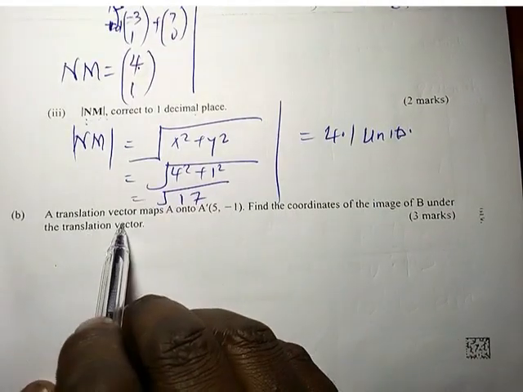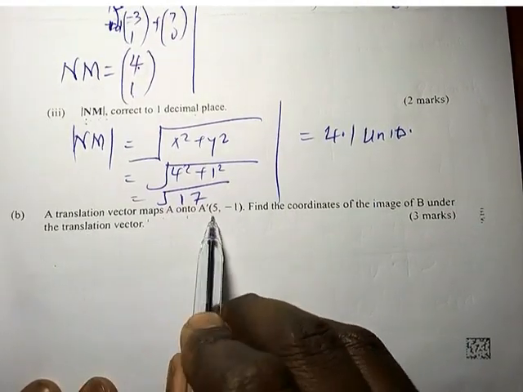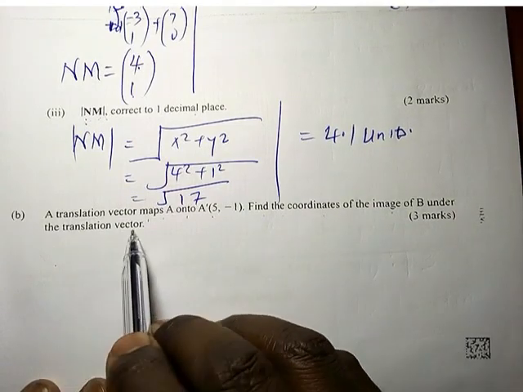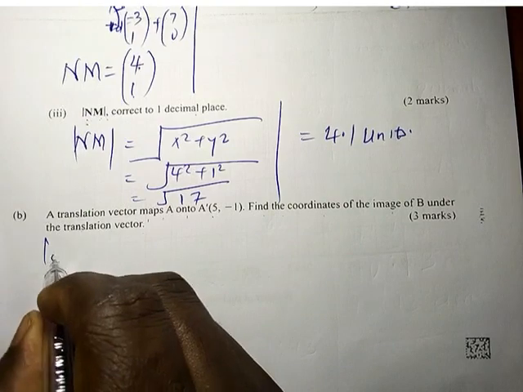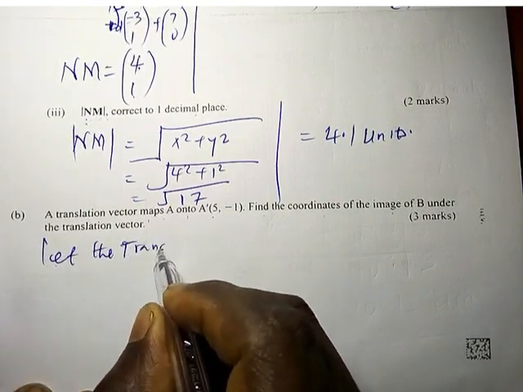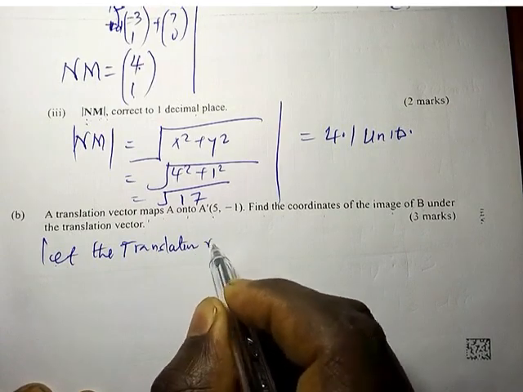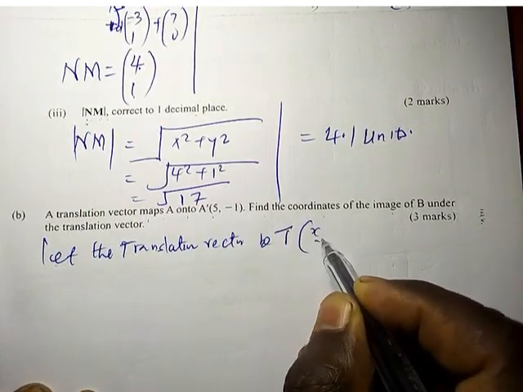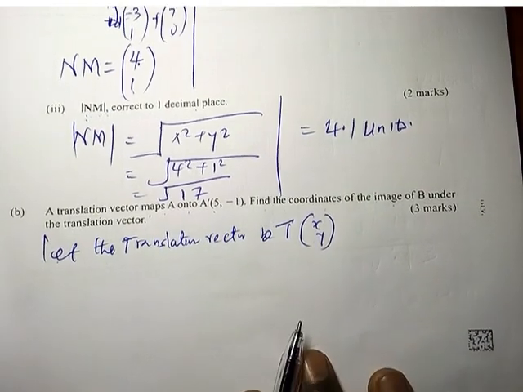A translation vector maps A onto this. Find the coordinates of the image of B under the translation vector. So let the translation vector be T, which is XY, right?